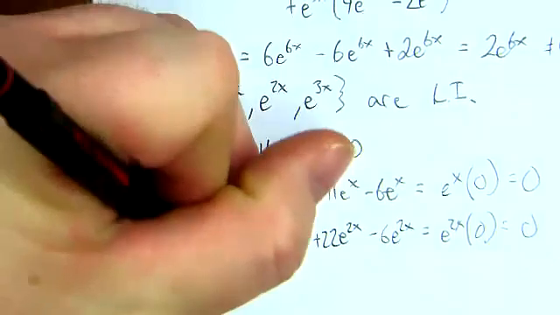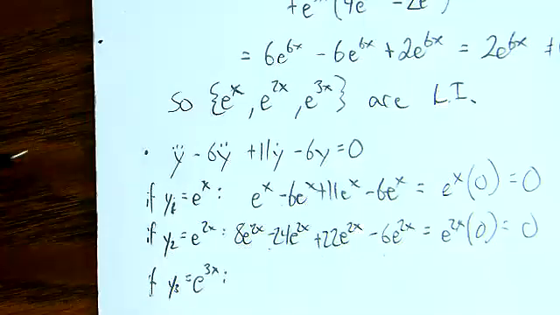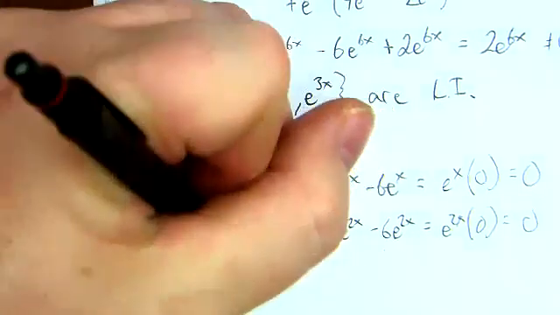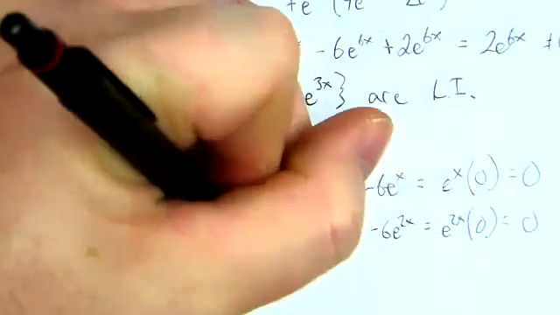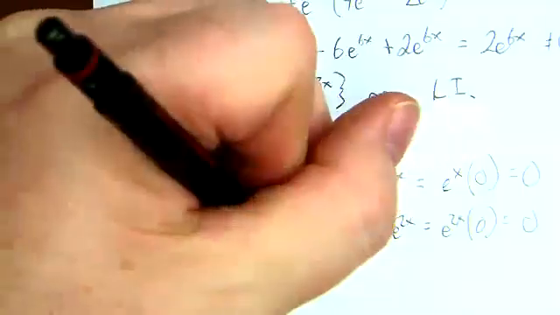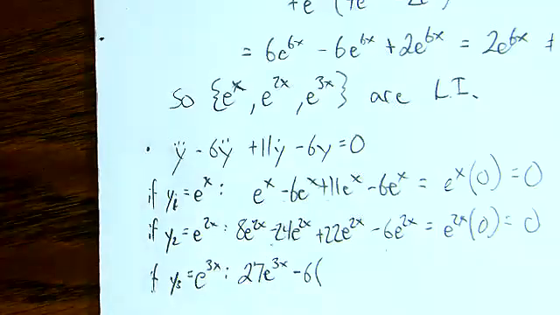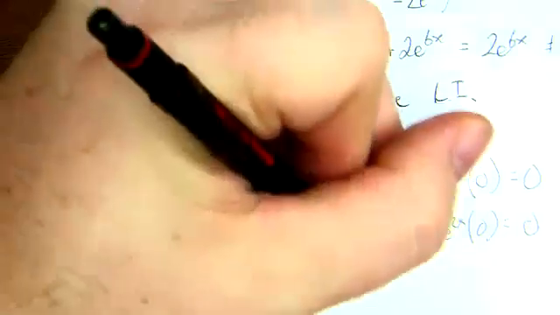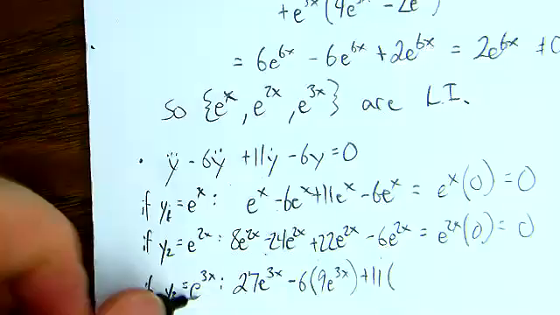Trying y3, e to the 3x. The third derivative is 3e to the 3x, 9e to the 3x, 27e to the 3x, minus 6 times the second derivative. The first derivative was 3e to the 3x, so we have 9e to the 3x, plus 11 times the first derivative.